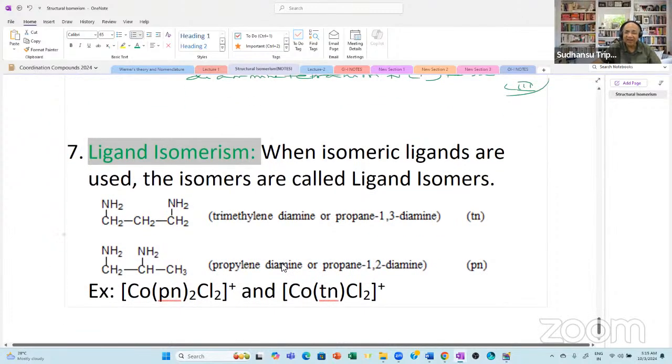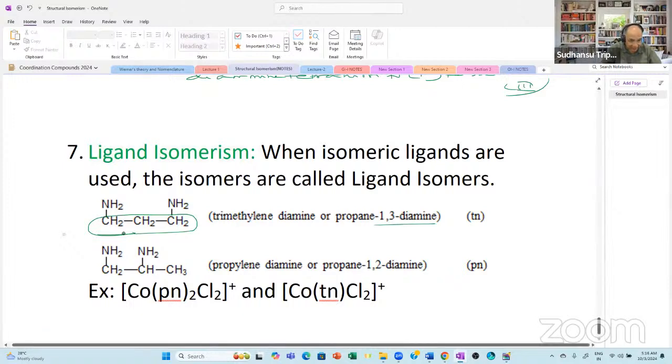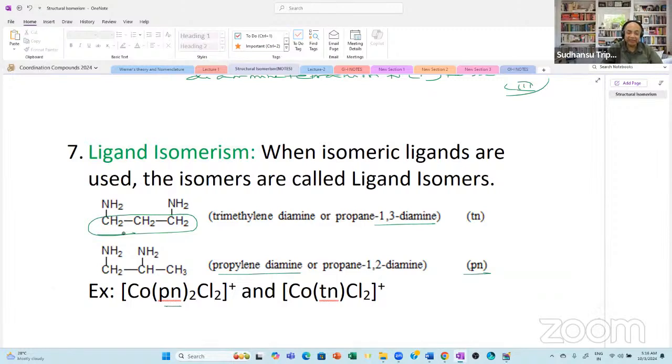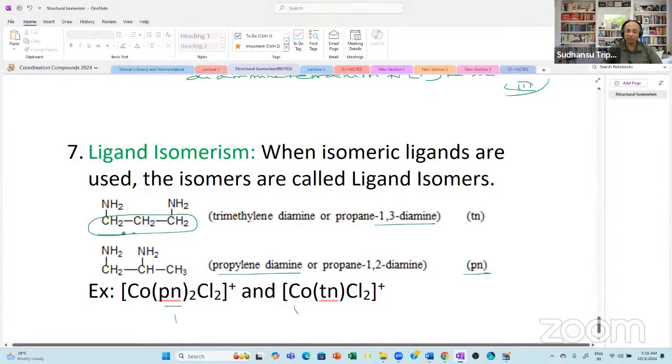If the ligands are isomers, for example, this is trimethylenediamine, or propane-1,3-diamine, and its isomer is propane-1,2-diamine, or propylene diamine. So if you use in one complex pn, propylene diamine, and in the other complex its isomeric ligand tn, trimethylenediamine, then these two are named ligand isomers.